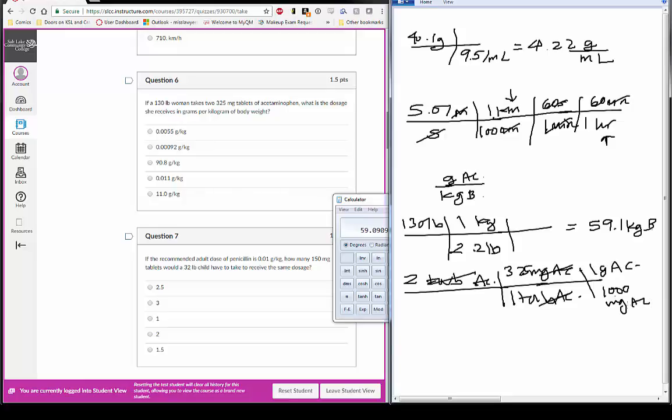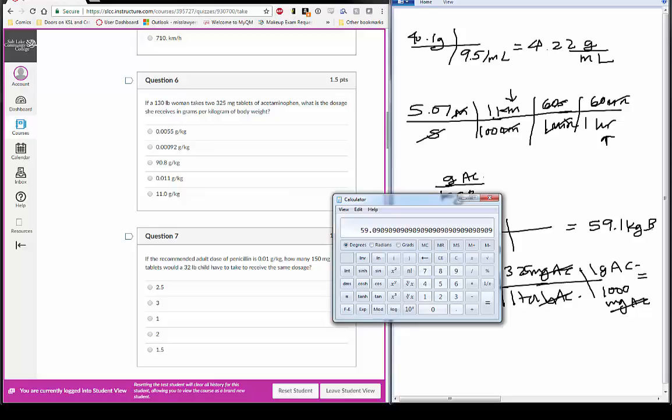Tablets cancel, milligrams cancel, and I get 2 tablets multiplied by 325 milligrams per tablet divided by 1,000 milligrams in a gram, and I get 0.65 grams of acetaminophen.